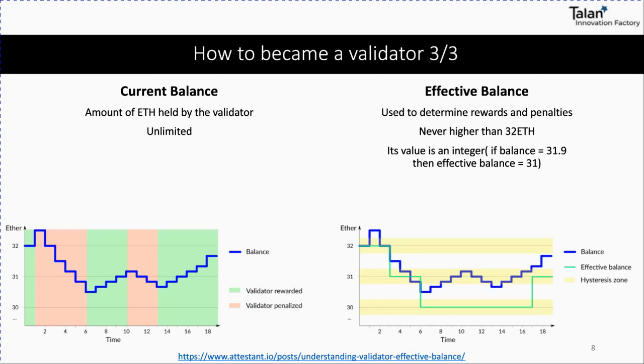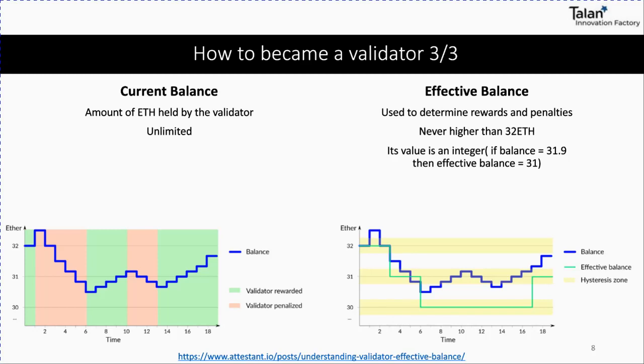Then you acted honestly and gained, let's say, one Ether, and the effective balance will stay unchanged. Why is that? Because the effective balance only increases if the current balance rises by 1.25, so if you have gains more than that, it will increase; otherwise it will not.